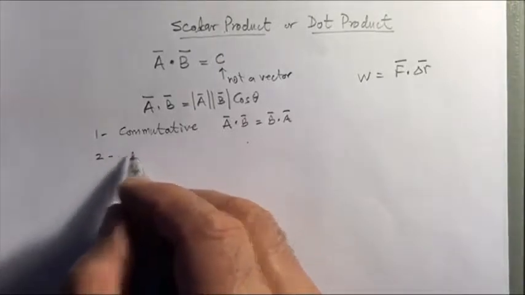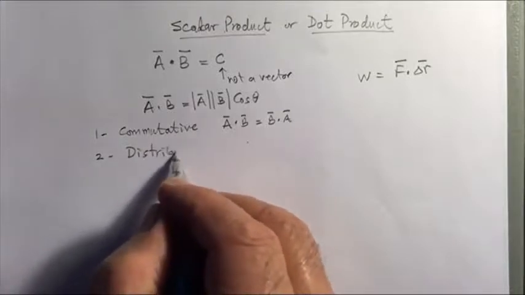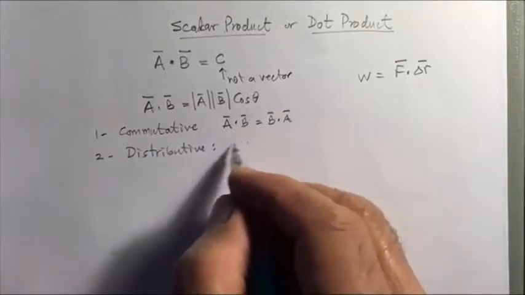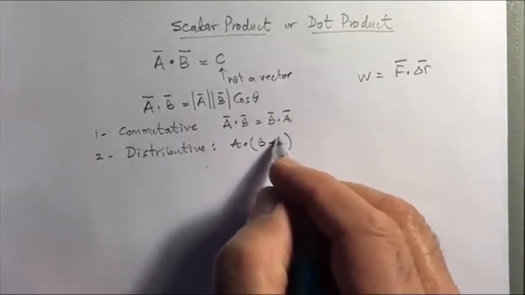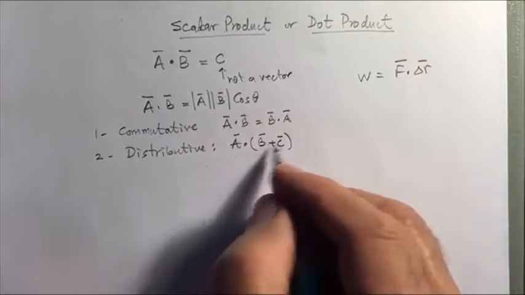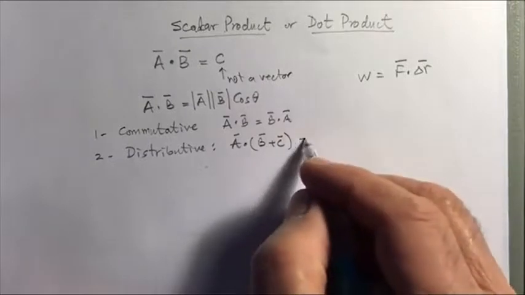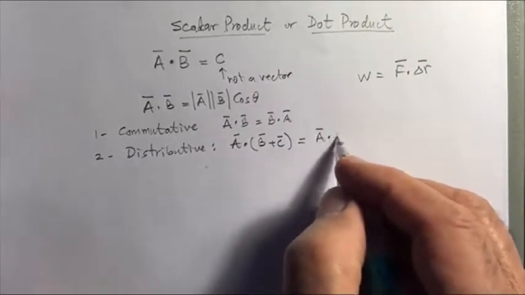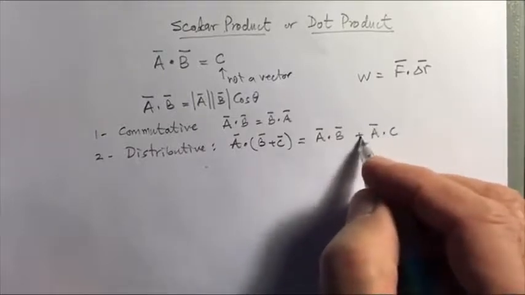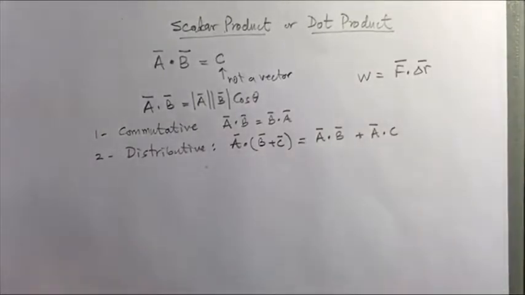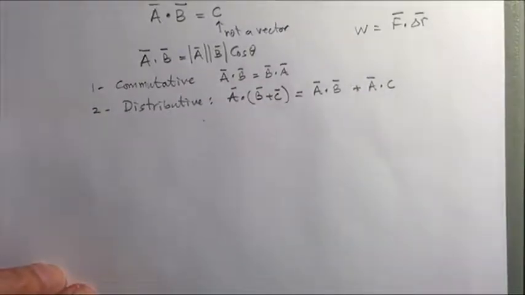And the second is that the dot product is distributive over addition, which means that if you have A dot (B plus C), where A, B, C are three vectors, you can add B plus C and then dot them with A, or you can dot A with B and then A dot C and add them together. So the dot product is distributive over addition.